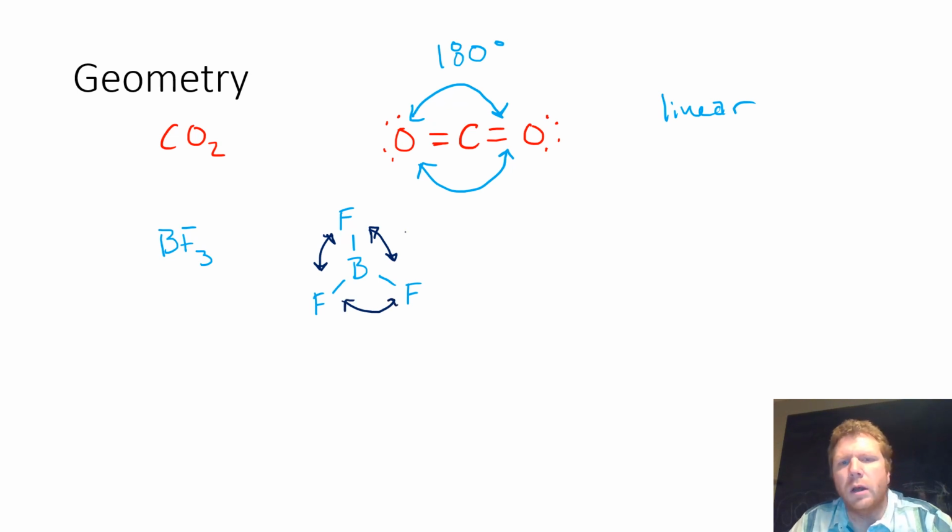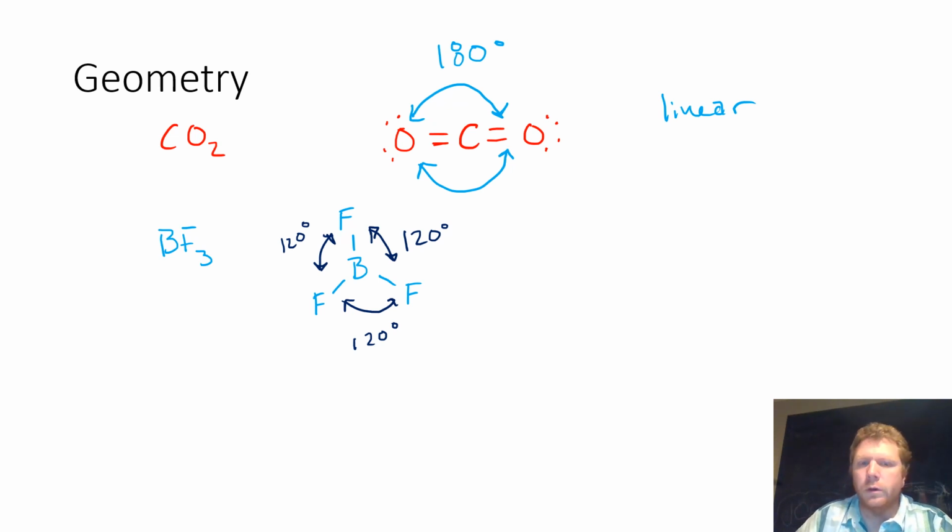And so these bond angles end up being approximately 120 degrees. So these fluorine atoms and these single bonds want to be as far away from one another as they possibly can be. And it just so happens that they end up on the same plane, and this is a geometry that is known as trigonal planar.